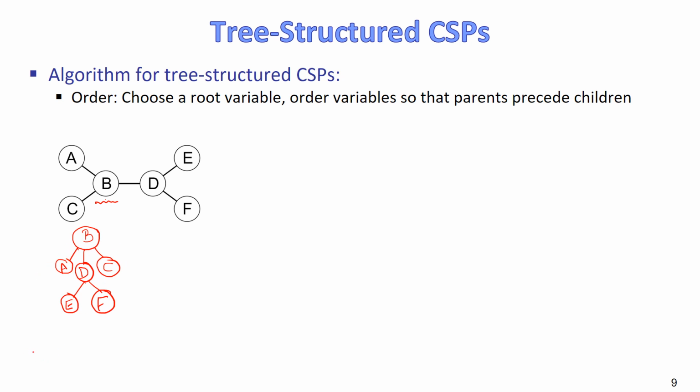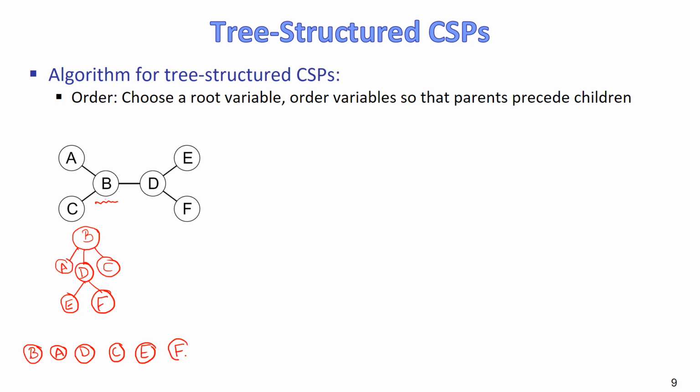Okay, so we'll put B. So we order the nodes from left to right so that the parent comes first before the children. So we'll have B, A, D, C, and then E, F. Take it as if we are doing BFS.